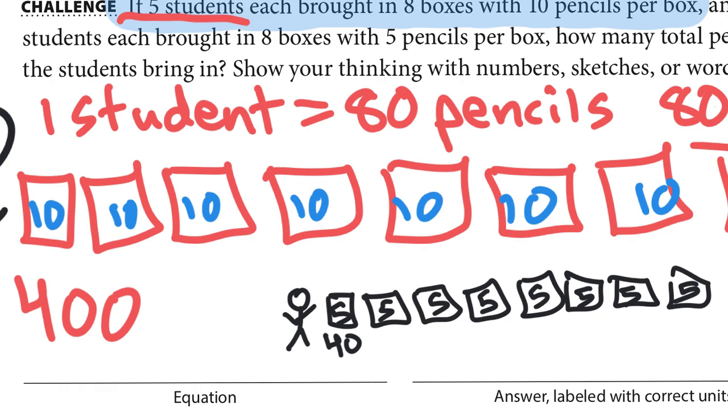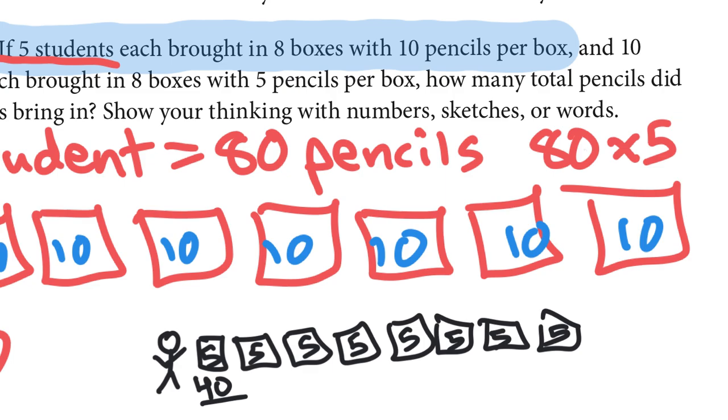One student, 40 pencils. And we said that there are, look at this up here, 10 in this group. So 10 students each brought 40. 10 times 40. Now let's see, where am I going to do this? Maybe inside this 0 right here. Okay, so if I do 10 times 40, I'm going to show you kind of another trick.